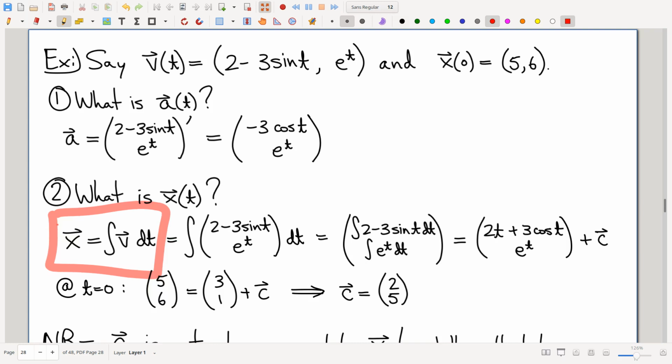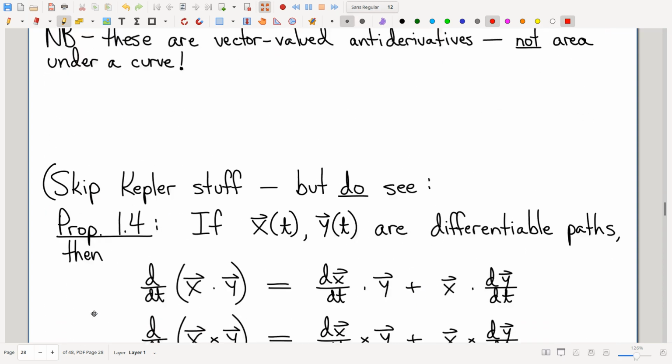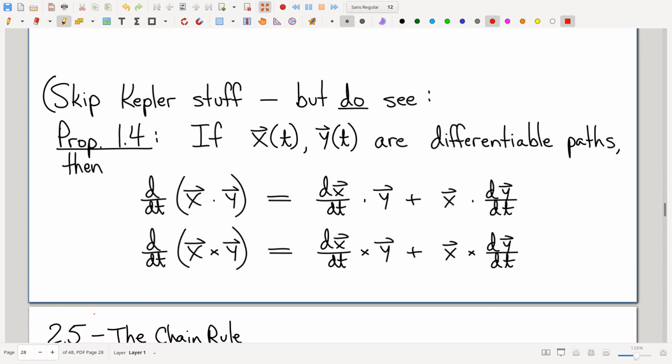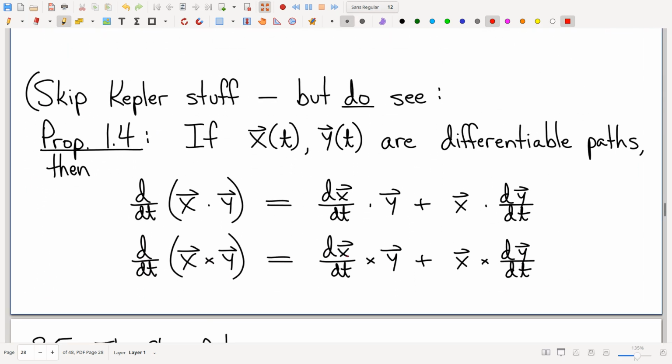Anyway, okay. Last thing in this section, we're going to talk about one little bit from what I'll call the Kepler stuff in the rest of this section. Most of what's in Kepler's analysis of planetary motion is not part of this course.